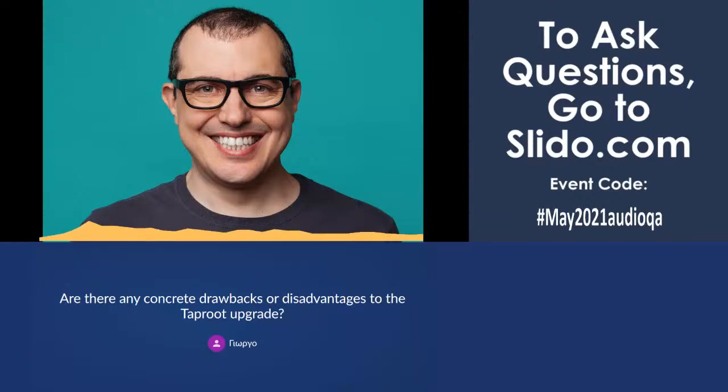So it's not really a drawback, however, because as I mentioned before, Taproot is an opt-in system. You don't have to use Schnorr signatures. You can if you want to, and if you decide, you can use ECDSA. So for the first time ever, we're going to have two signature types on the network.